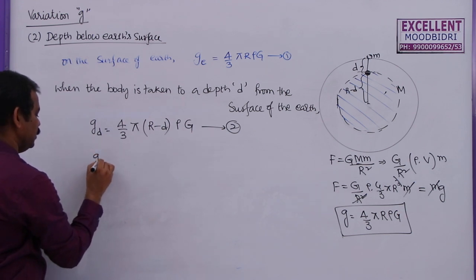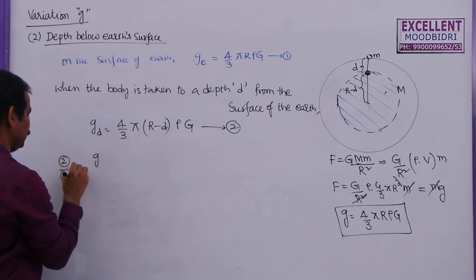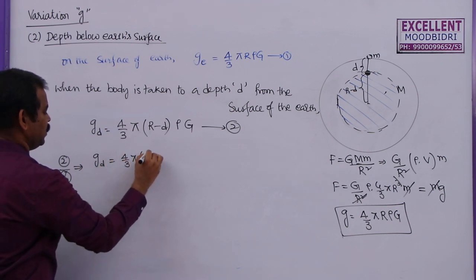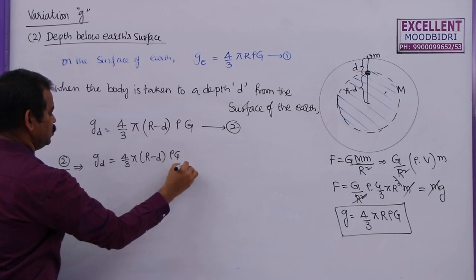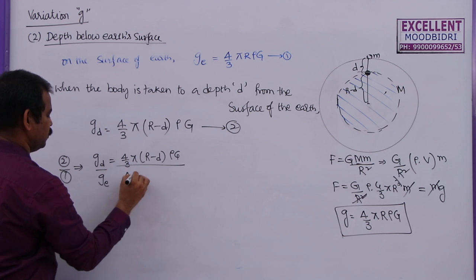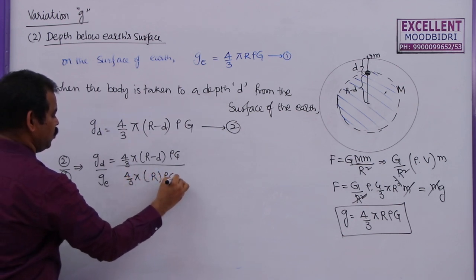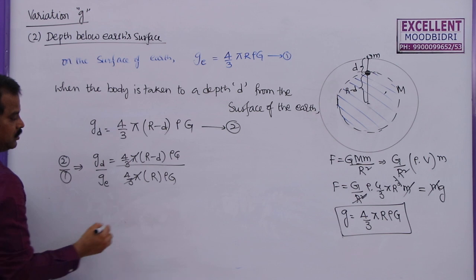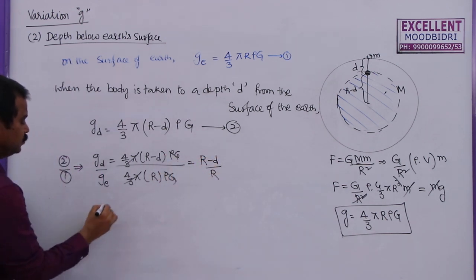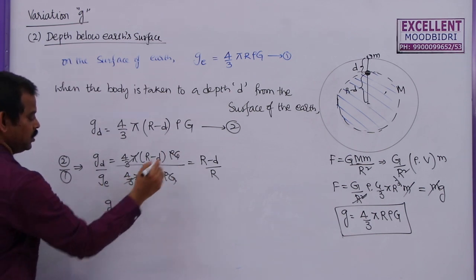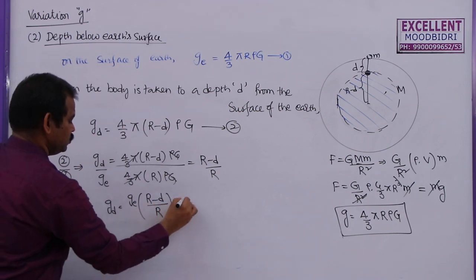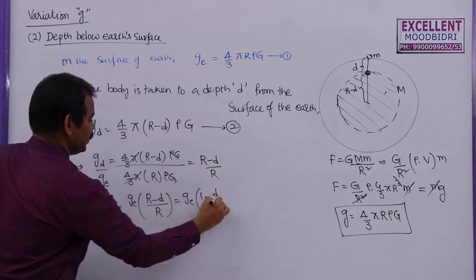Now divide equation 2 by 1. g_d is equal to 4 by 3 pi (R minus d) rho G, divided by g on the surface of earth, which is 4 by 3 pi R rho G. 4 by 3 cancels, rho G cancels, and this becomes R minus d by R. So g_d goes to that side: g_E times (R minus d) by R, which you can write as g_E (1 minus d by R).